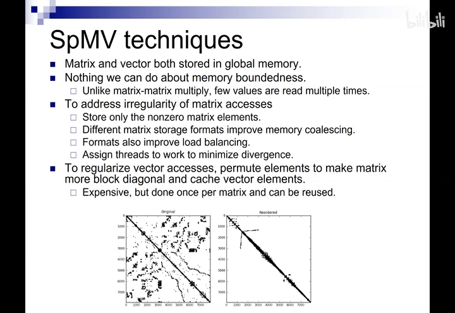One of them is to take a matrix and somehow permute the rows and the columns so that the matrix becomes more regular, has more structure. This is shown in this picture over here, where you have one matrix on the left. This looks like pretty much a random matrix.